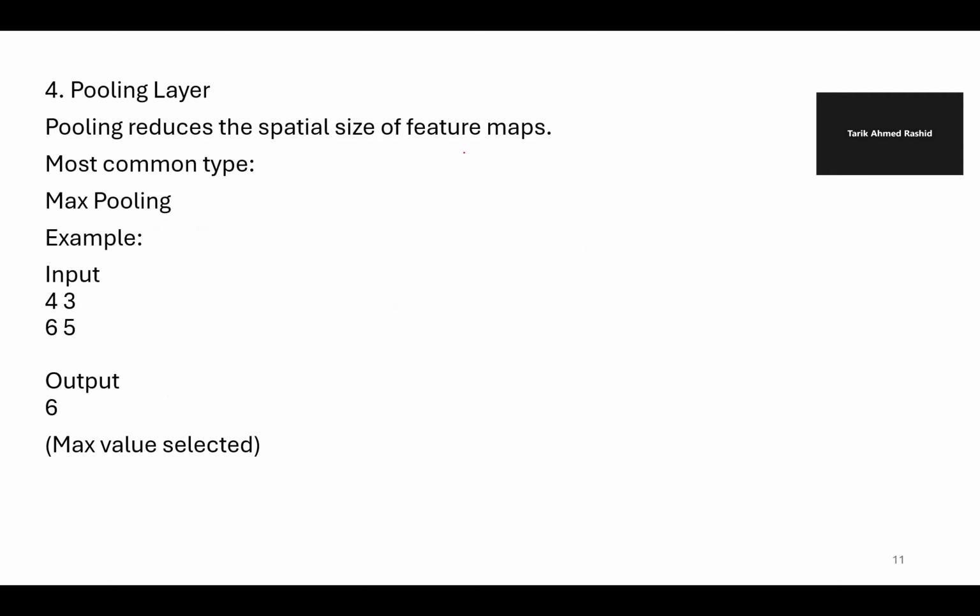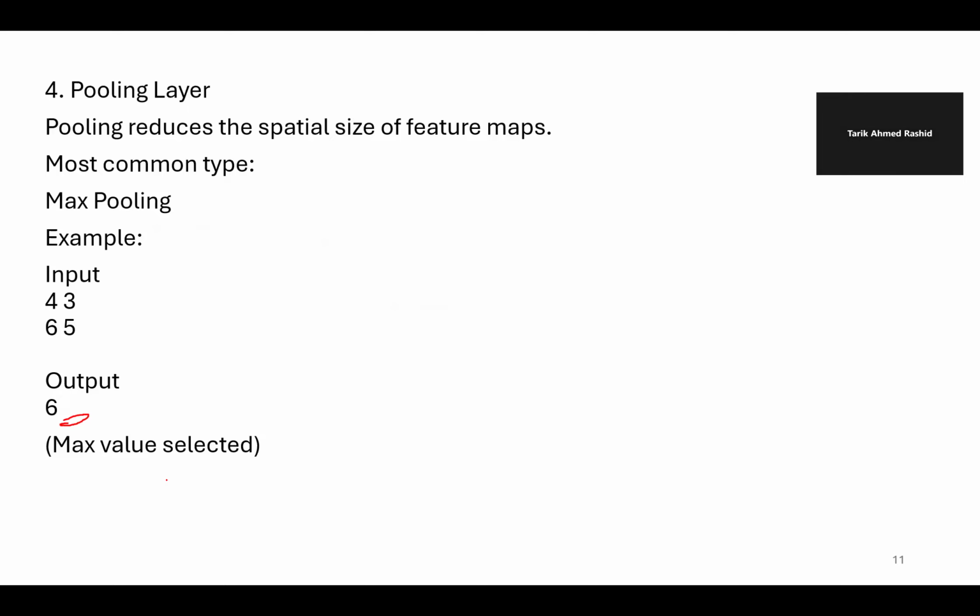Pooling layer reduces the spatial size of feature maps. Max pooling means that if you have input 4, 3, 6, 5, you'll take the max of them. So you wouldn't take those 4 values. When you take the max, that's 6, we take 6 there.